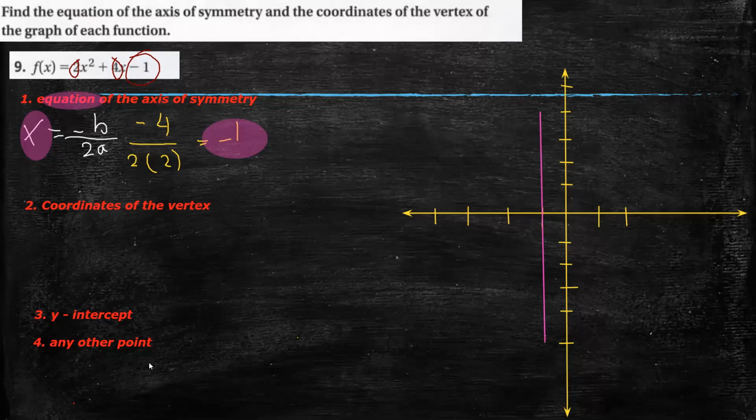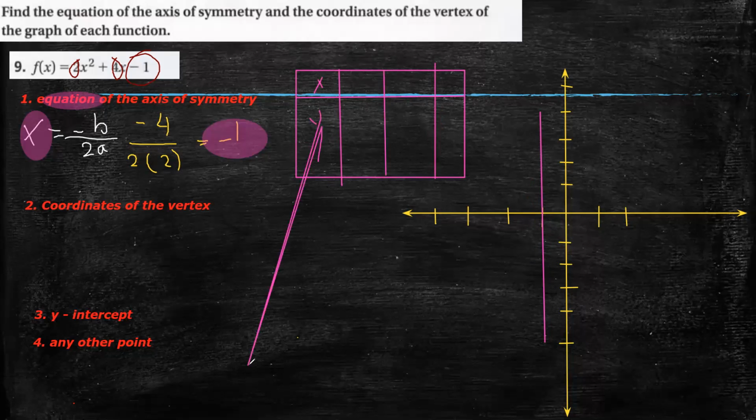So let's make a table with x and y. The first point x is negative 1, which is the x-coordinate of the vertex.